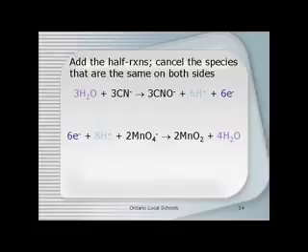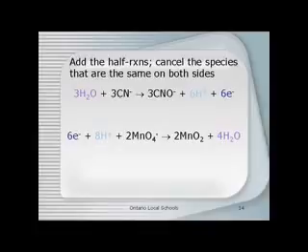Next, we're going to add the half reactions, canceling the species that are the same on both sides. Notice that we have 3 H2O on the left-hand side of the top reaction and 4 H2O on the right-hand side of the bottom reaction. So what we'll do is cross out the 3 H2O and leave just 1 H2O on the right. We can cancel our electrons.